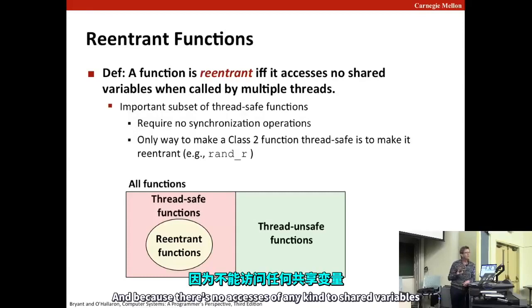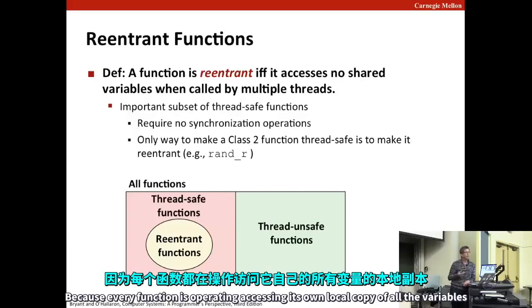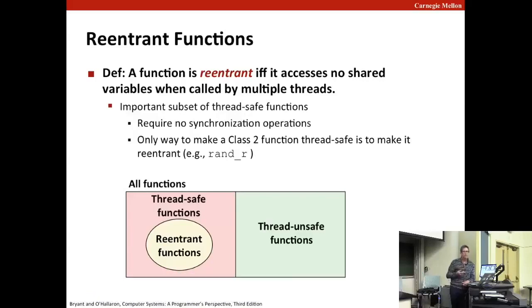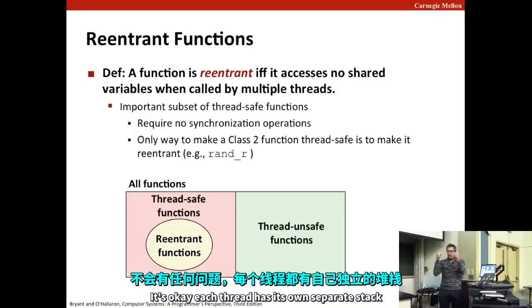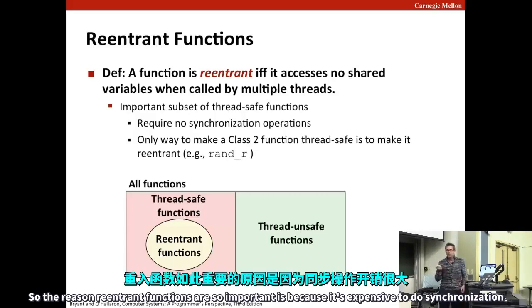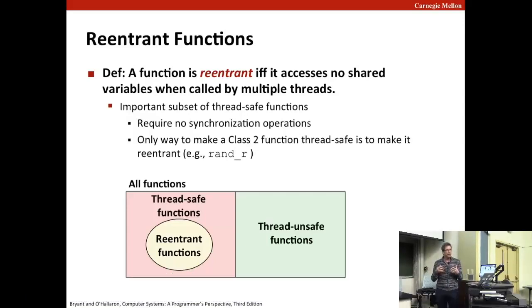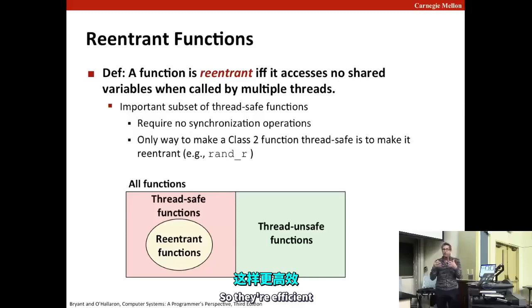Because there's no accesses of any kind to shared variables, there's no synchronization required because every function is accessing its own local copy of all the variables. If multiple threads execute two instances of a reentrant function, it's okay. Each thread has its own separate stack, so you don't need to worry about any kind of synchronization. They can run independently. The reason reentrant functions are so important is because it's expensive to do synchronization, and you can avoid it completely with these reentrant functions. So they're efficient.